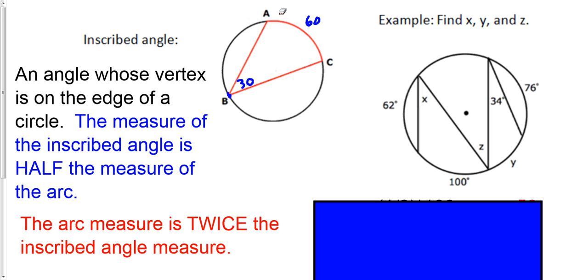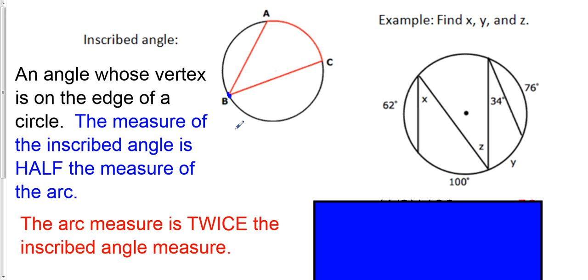Same thing if this was, let me change those up to, let's say 90. This one would be 45. I have to get rid of that 0, 45 degrees. It's always going to be half of it. Now another way to look at that is the arc measure is twice the inscribed angle.